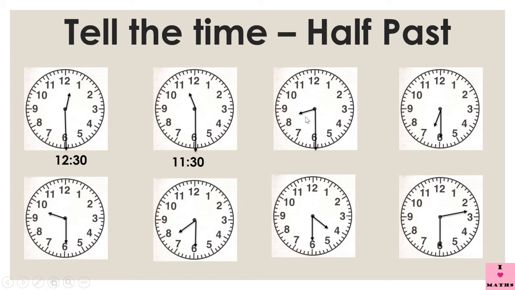Here our hour hand has crossed 8, and we call the time half past 8, or 8:30. Here the hour hand has crossed 6, so the time is called half past 6, or 6:30.